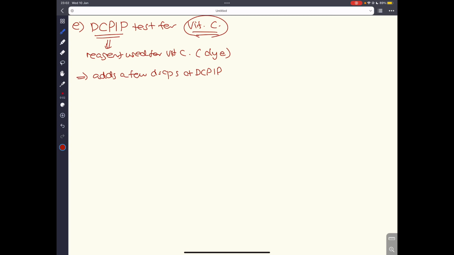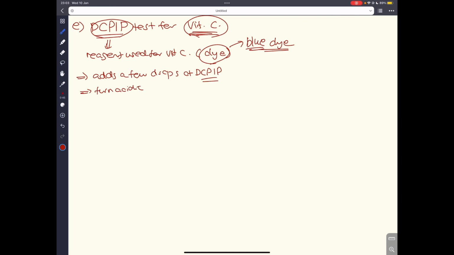As I was saying, DCPIP is a dye, and this dye color is blue. The DCPIP reagent is blue in color itself. Now, it will turn pink in acidic conditions. Basically, you don't really have to know most of what it does or the positive drops. However, you have to know that DCPIP is used to test for vitamin C, right? So we can note that this is a blue dye.